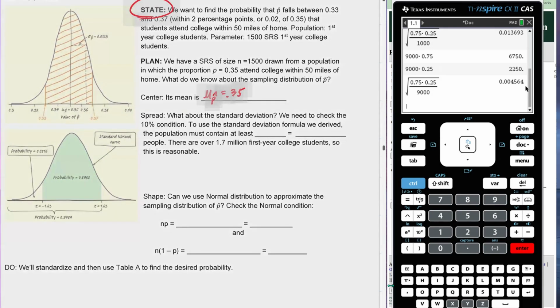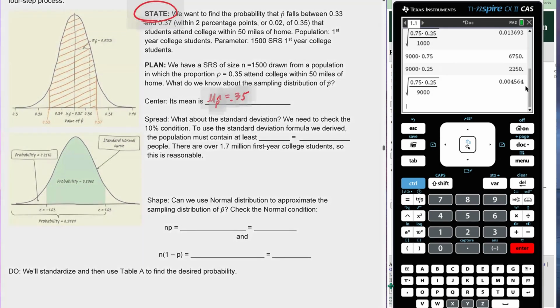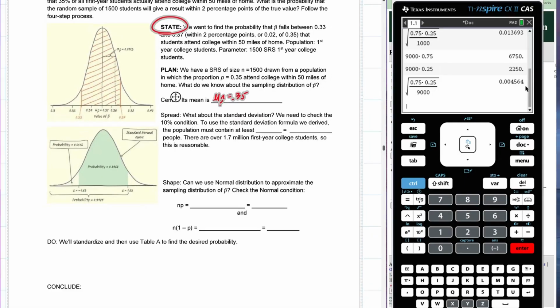10 times our sample size, 1,500, is 15,000. And do we think that there's at least 15,000 first-year college students in the United States? And the answer is yes. So that's reasonable. Shape.